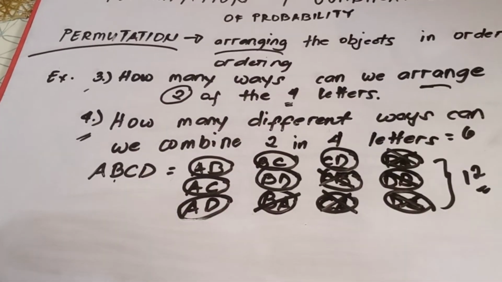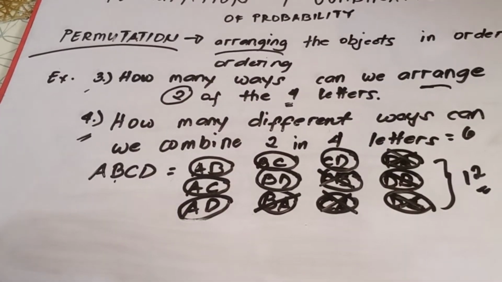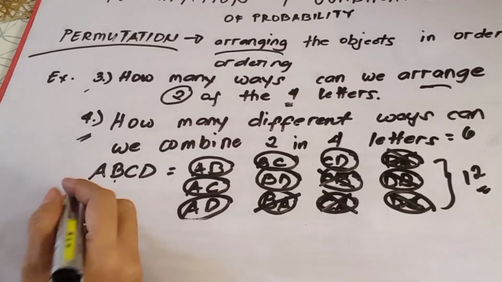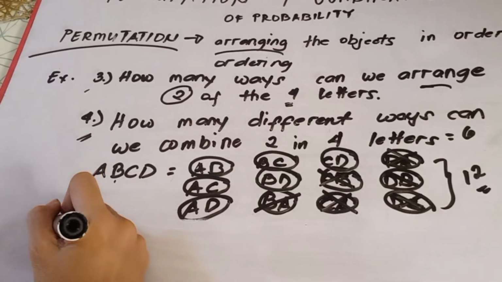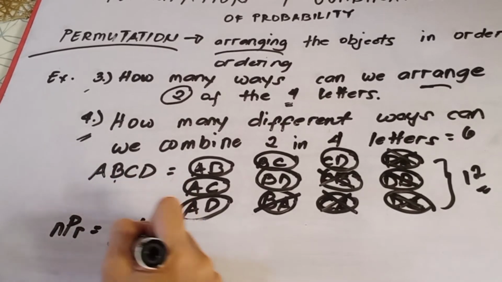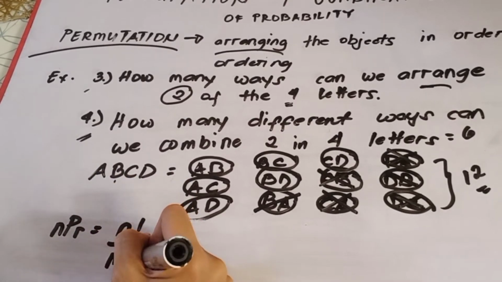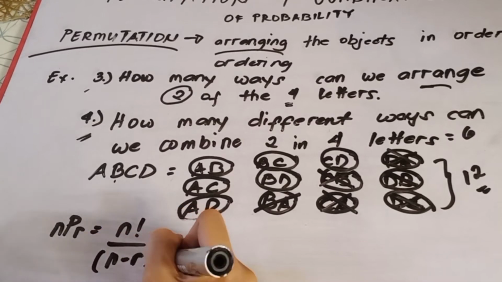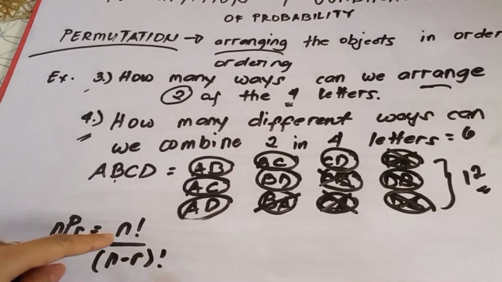In mathematics, we can actually calculate permutation by using our formula, that is n factorial over n minus r factorial, wherein n represents the number in a certain group and r represents the number of items being chosen at a time.